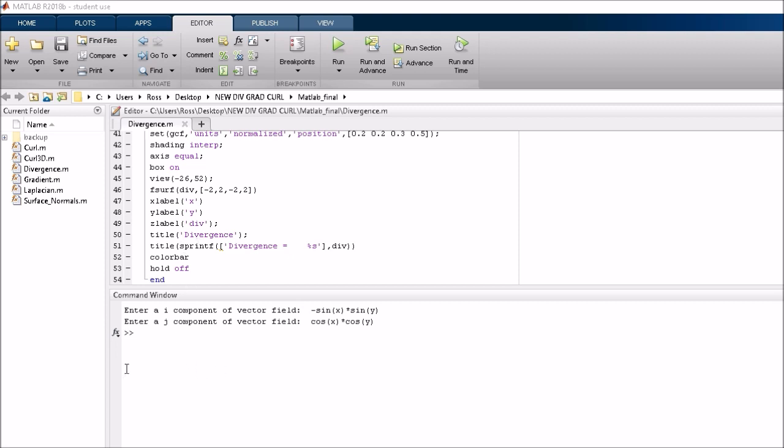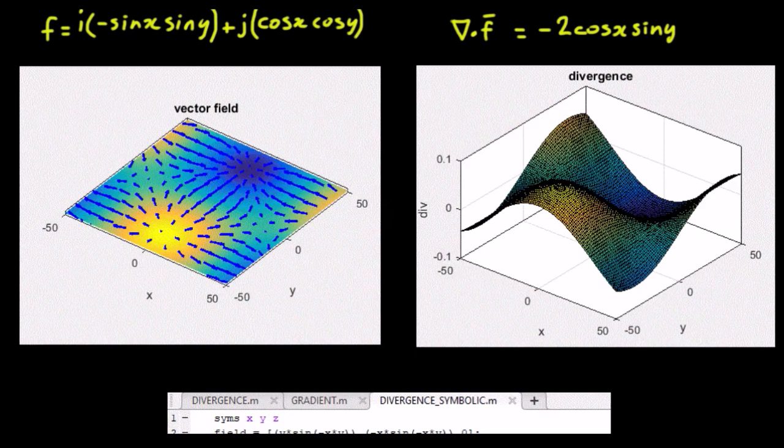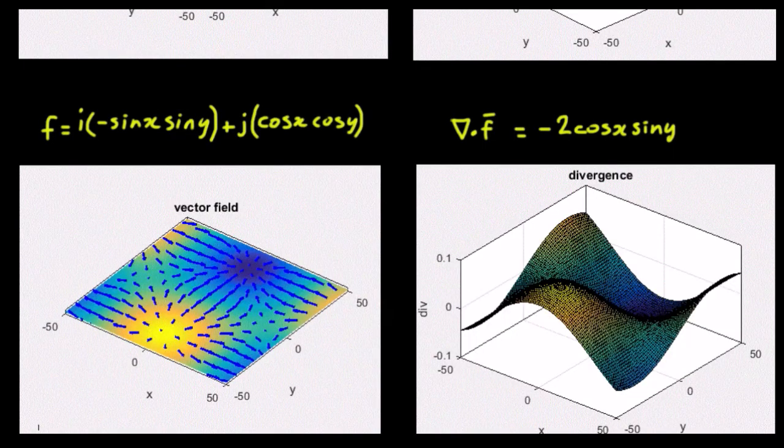So that's all there is to this part. Now you can go ahead and use that and have a little try with it, put in a few examples. It's a good way of understanding the divergence.